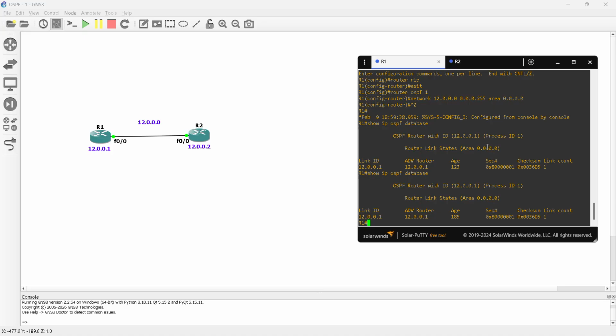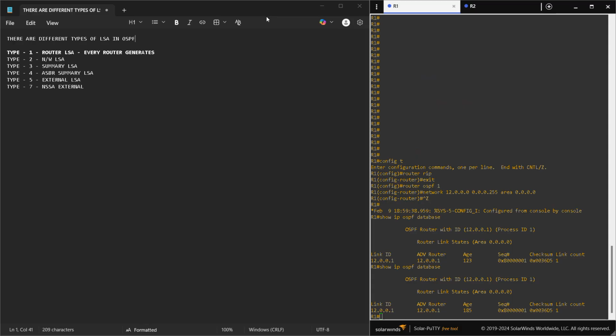Now there are different types of LSA. Let me give you a quick preview of the different types that a router generates while we perform OSPF. The very first and a common one that every router generates is type 1, that is the router LSA.